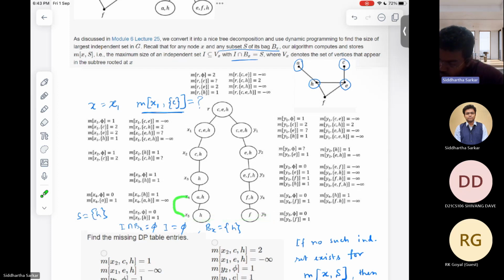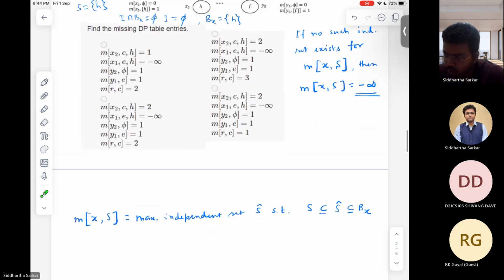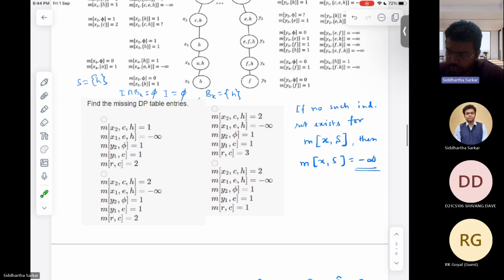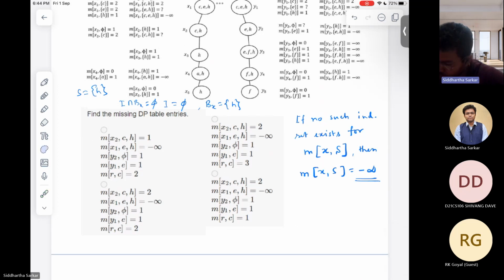Now we will compute entries towards the top side of the rooted tree. To do that, let me first define the different recursion rules for computing the entries for introduce node, forget node, and join node. This is in the book. Maybe I'll just write it within this visible area only.